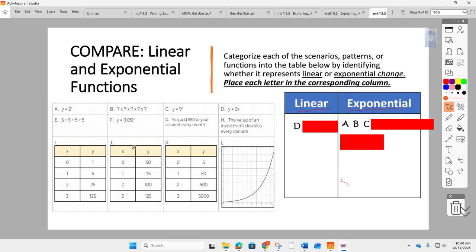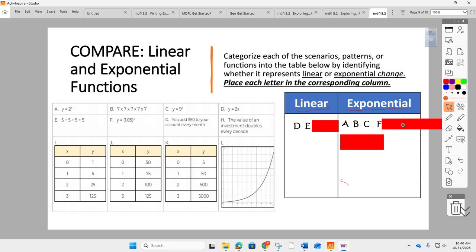What do you think? Not exponential. So if it increases by adding the same amount, that's linear. F, y equals 1.05 raised to the x power. Would that be exponential or linear, Miana? Exponential. Yes.